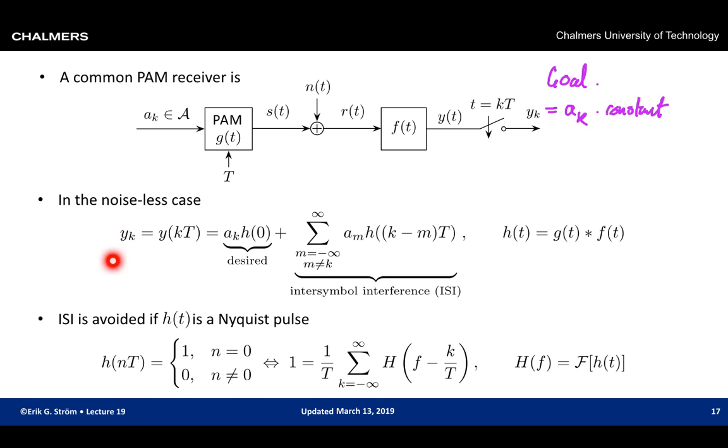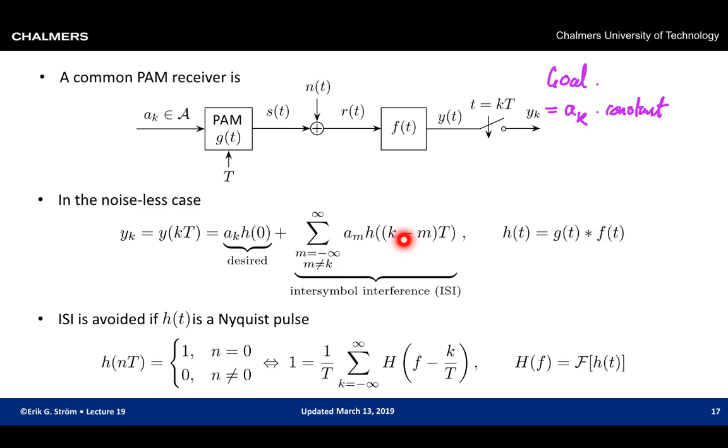If we ignore noise to start with, the output is equal to the input a that we care about, and then some stuff that we don't care about. As a matter of fact, we think of this as the interference, and the interference is due to other symbols. We call that intersymbol interference. And this mysterious function h is the convolution of g, the transmit pulse, and f, which is the receiver impulse response.